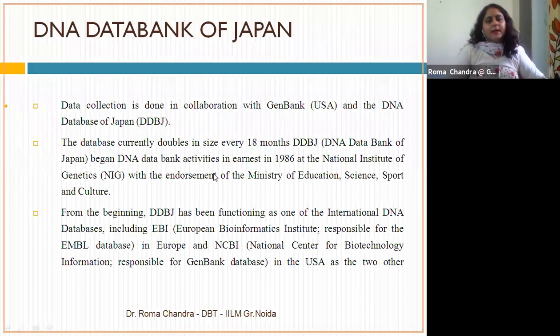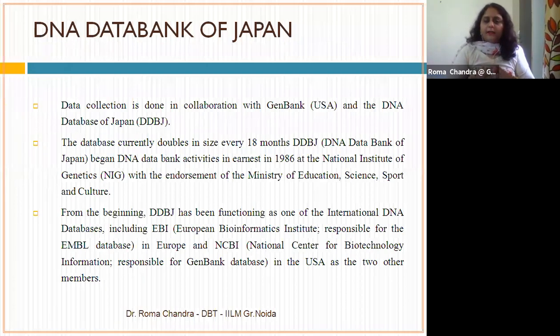The next is DDBJ, the DNA Data Bank of Japan. I had told you that this is again in the consortium, working in collaboration with the other two. This one is maintained by Japan, and DDBJ stands for DNA Data Bank of Japan.